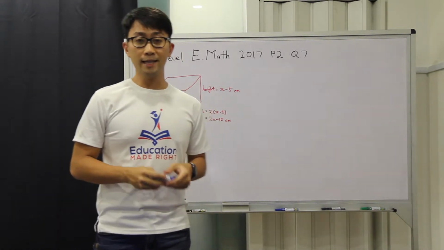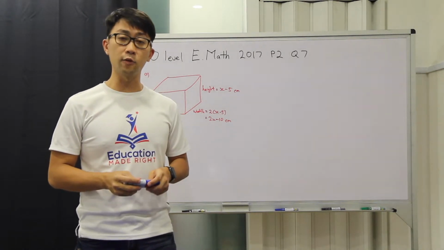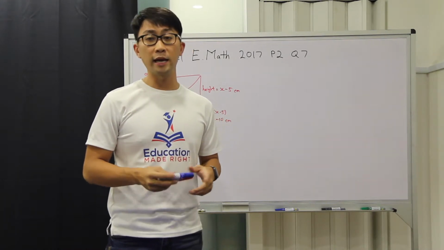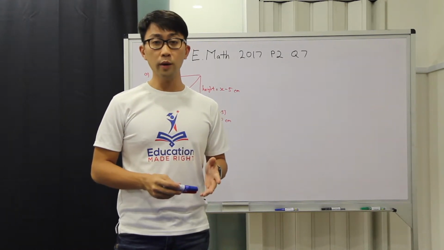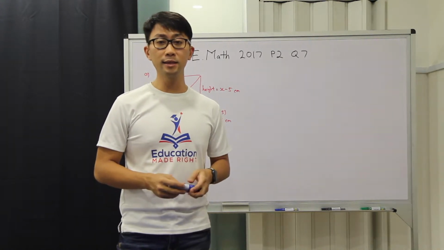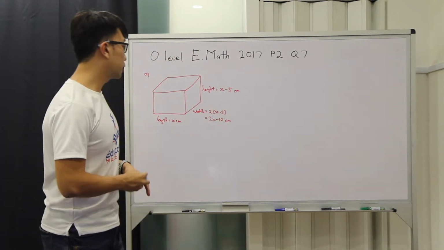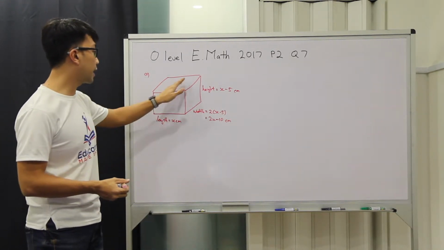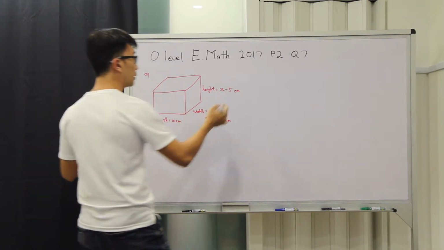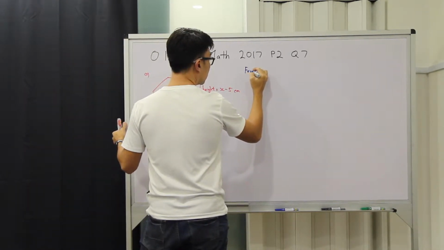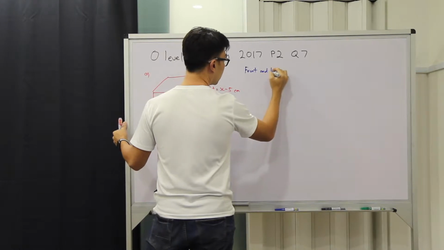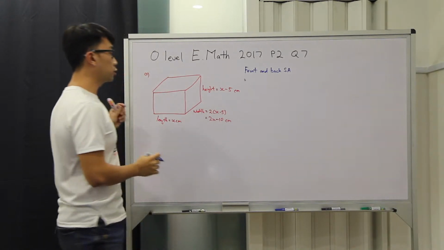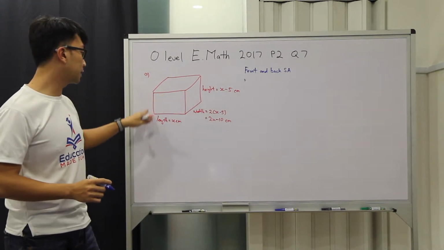For part B, the external surface area of the open box is 48 cm squared. Write down an equation to represent this information and show that it simplifies to 2x squared minus 15x plus 13 equals 0. In order to find the total external surface area, let us consider the front and the back first. They are actually the same surface area.